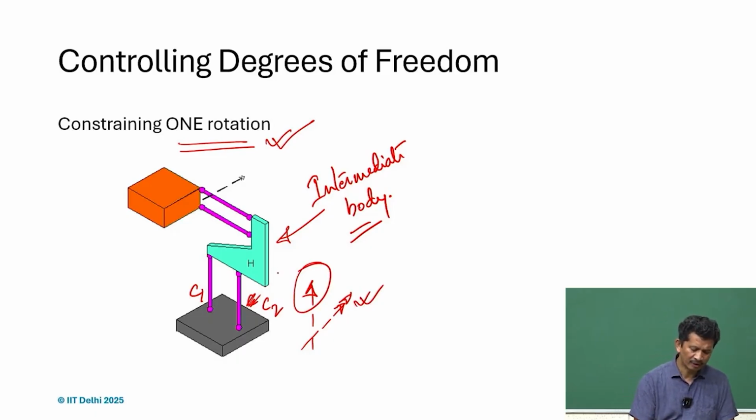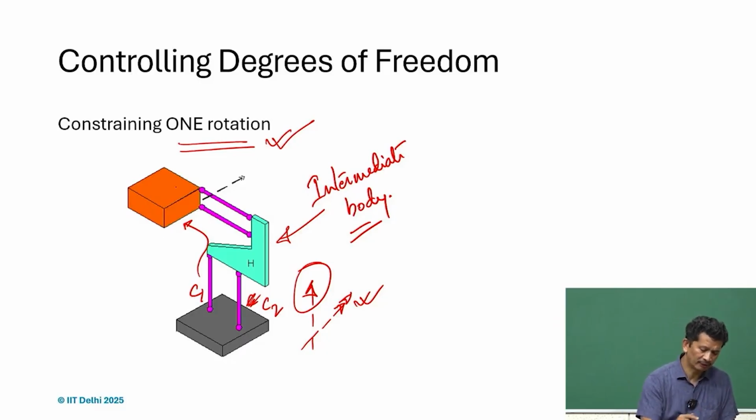We provide an intermediate body and go via the intermediate body. When we use another pair, we realize that the intermediate body, with respect to the object of interest, which is the orange body, releases that degree of freedom.